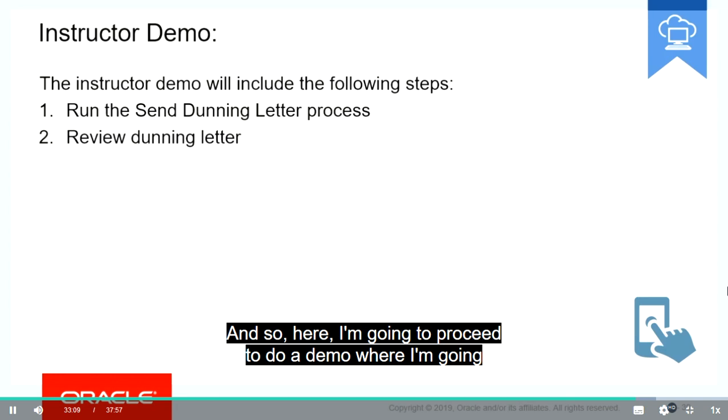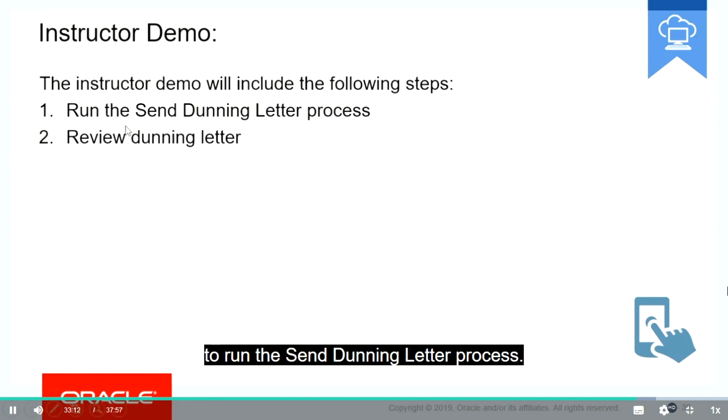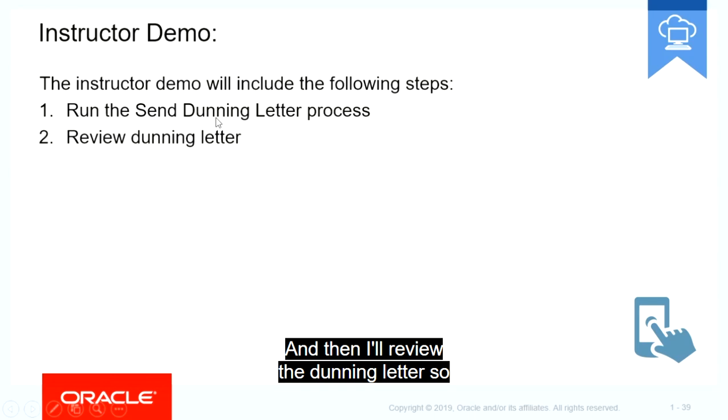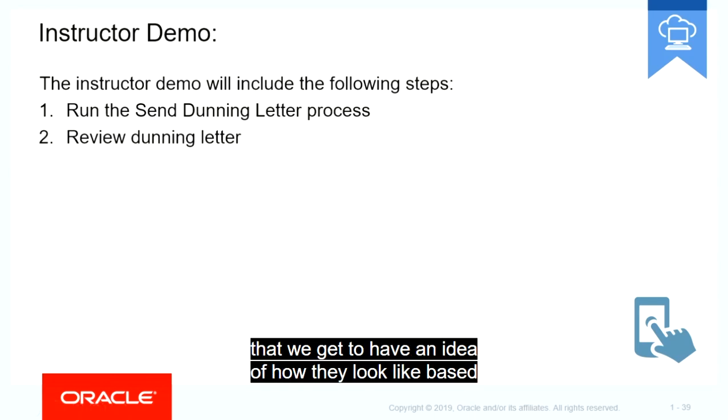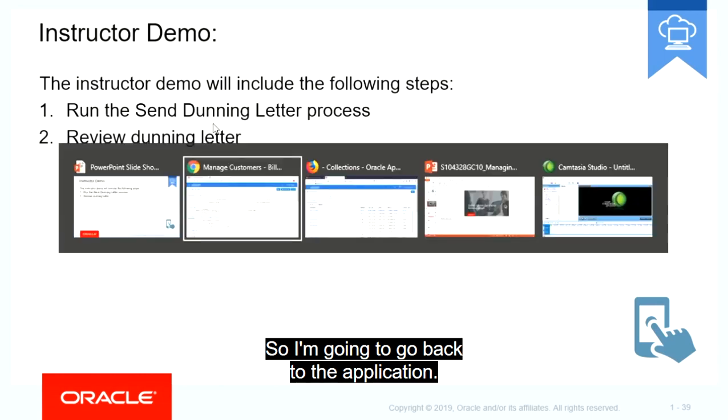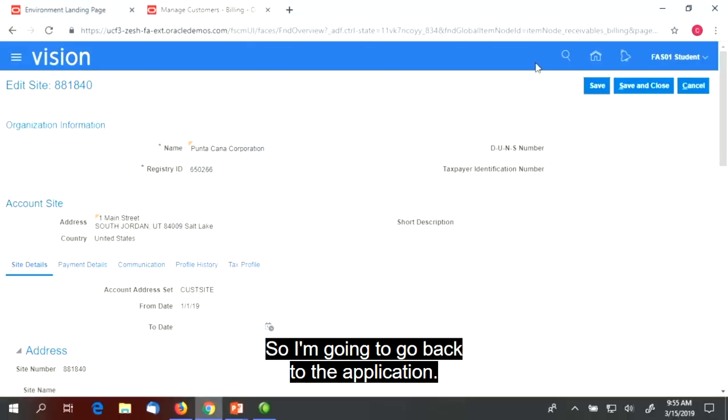And so here I'm going to proceed to do a demo where I'm going to run the send dunning letter process, and then I'll review the dunning letter so that we get to have an idea of how they look like based on those predefined letter templates. Right, so I'm going to go back to the application, and what I'll do here is I'll hit cancel.